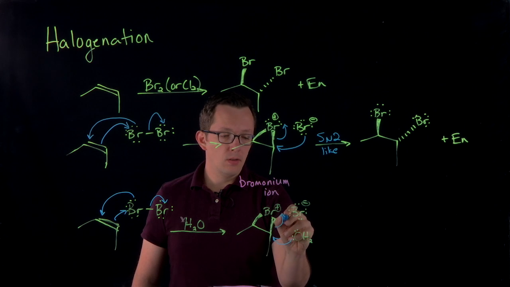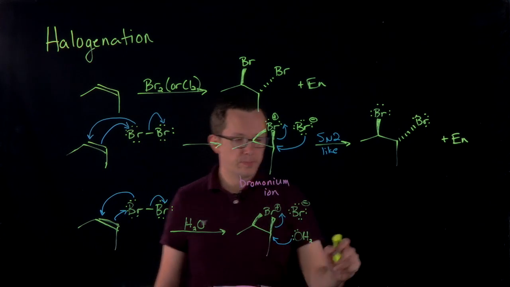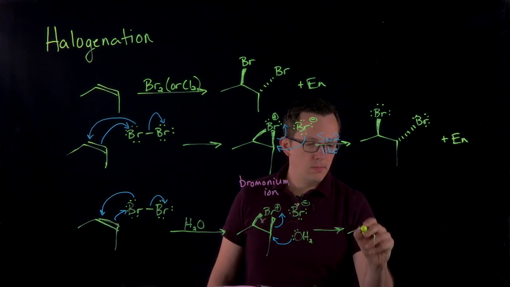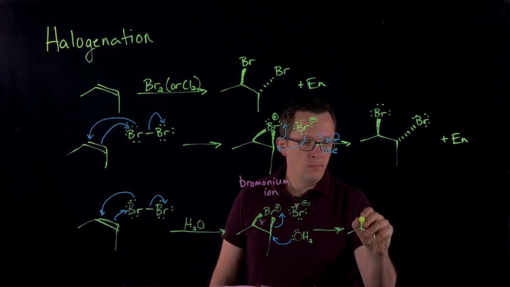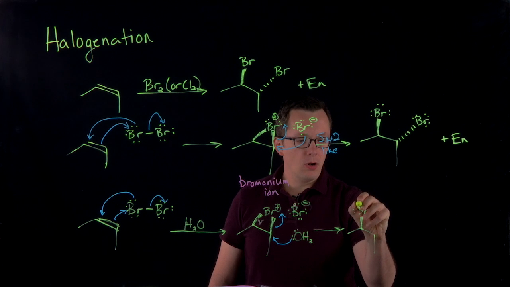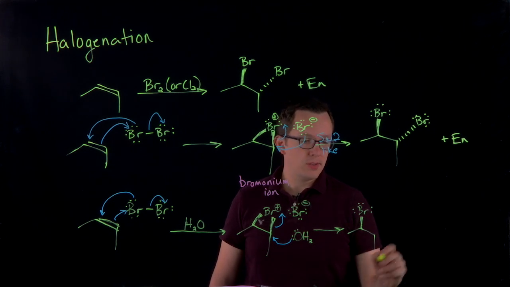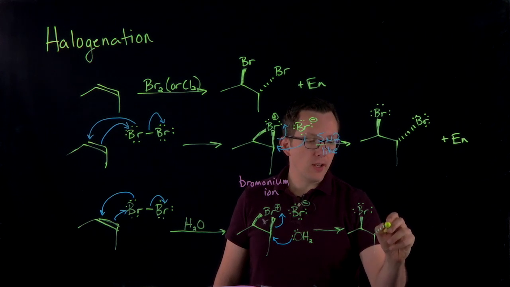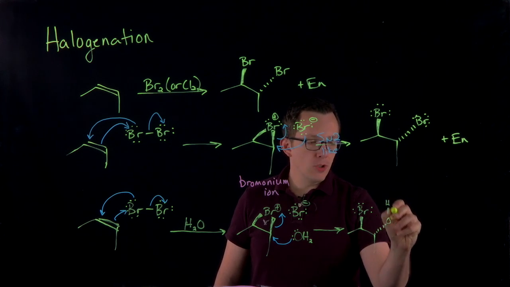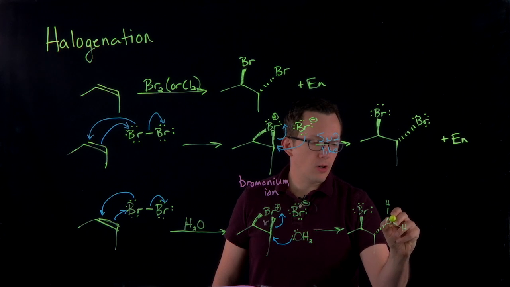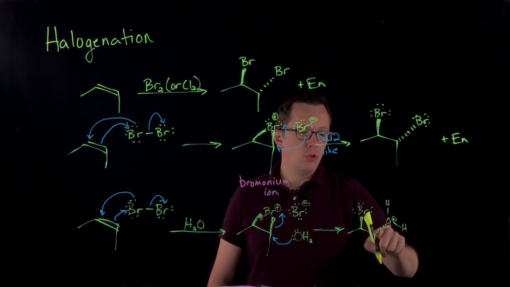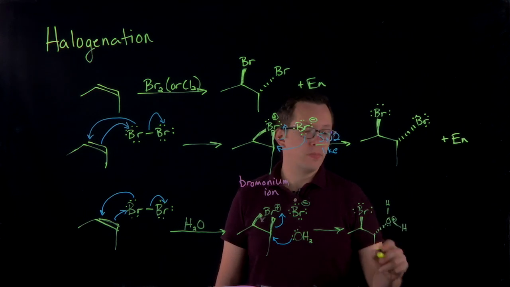We're going to open that three-membered ring. Where we form our bromide product. And now we have a new bond. Remember, it's SN2-like, so we have inversion of stereochemistry at that carbon. And we have a new carbon-oxygen bond, right?